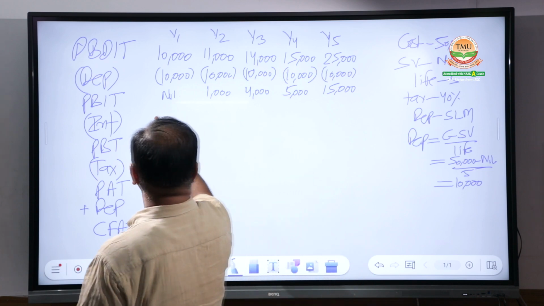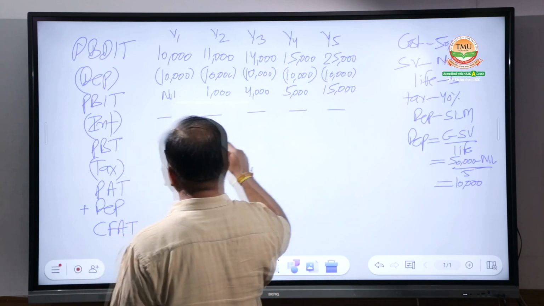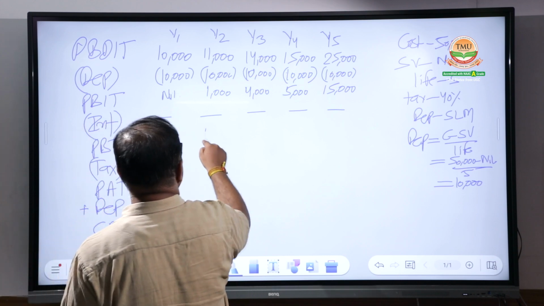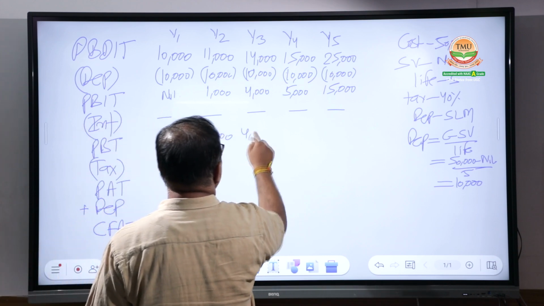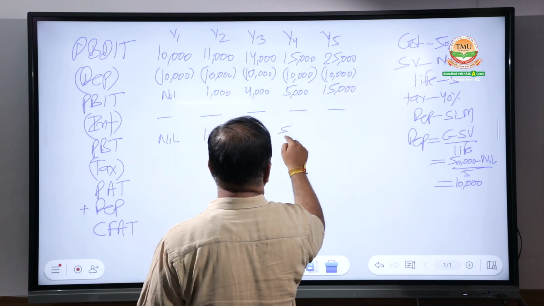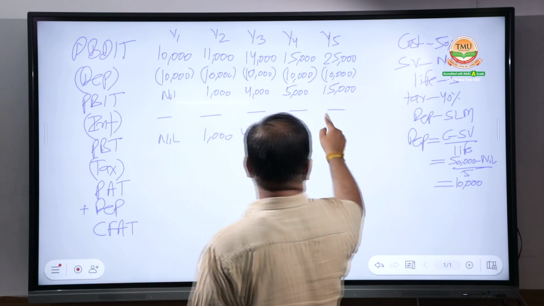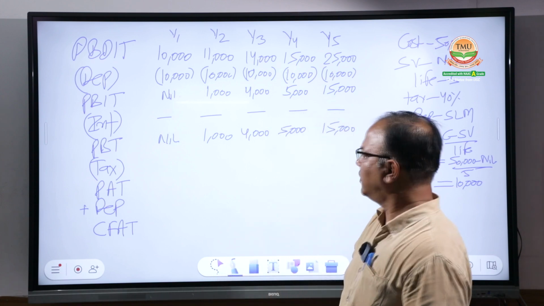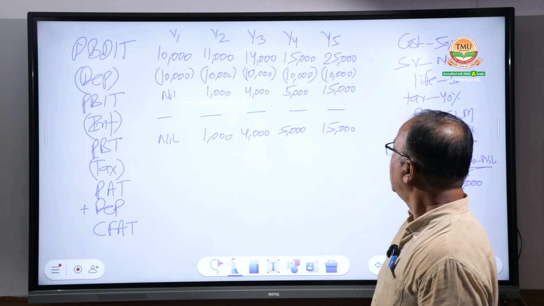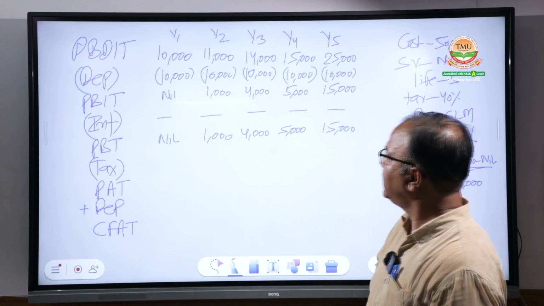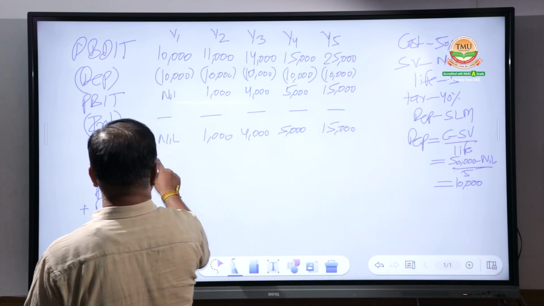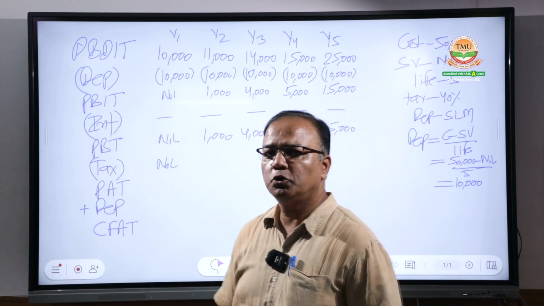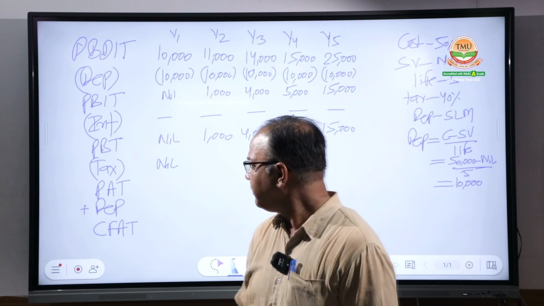Now, interest is nil, so PBT will be again the same: 1,000, 4,000, 5,000 and 15,000. Now, tax rate is given 40%. Because profit before tax is nil in the first year, tax will be nil.